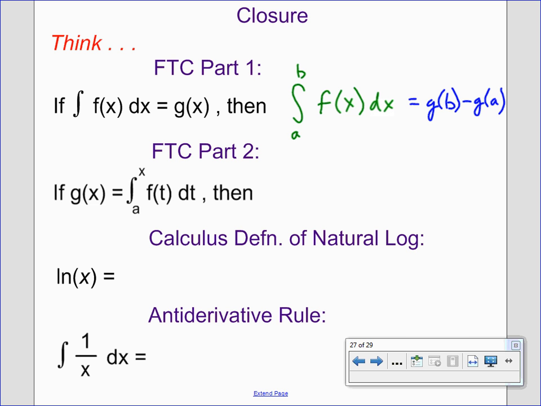That's our evaluation theorem. That's part 1. That's old news. Our new Fundamental Theorem of Calculus, part 2, says that if g is given by an integral defined expression, then the derivative of g, call it g prime, is simply the integrand function with the independent variable. So that is little f of x.